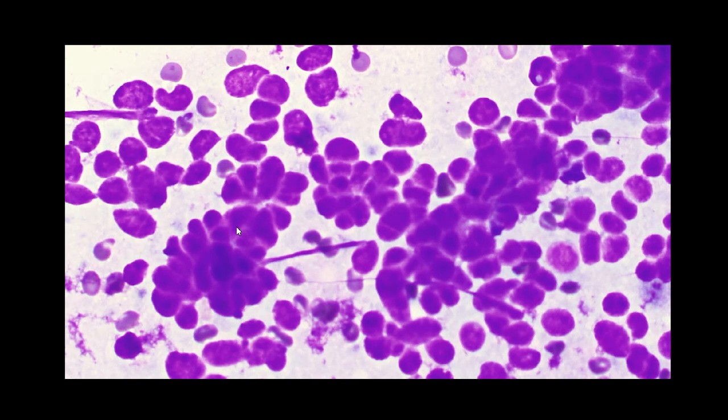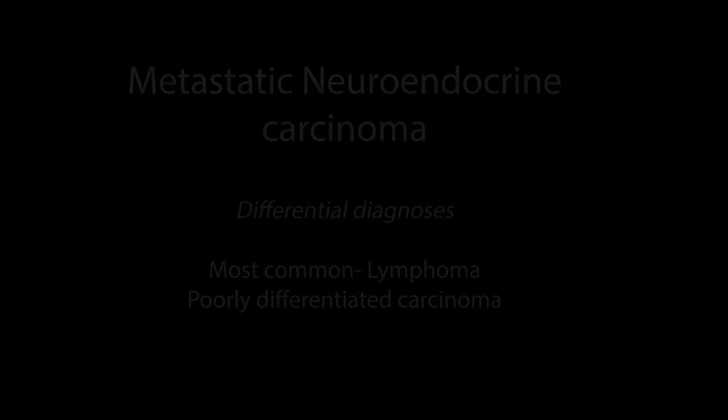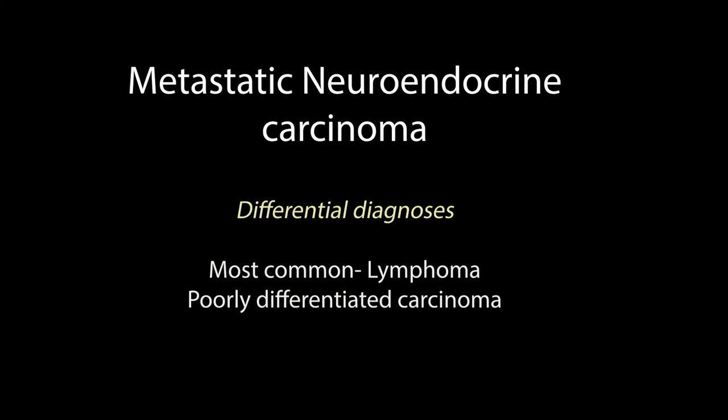You will see that sometimes with lymphomas as well, that are also fragile. So in conclusion, the differential diagnoses that most commonly arise with neuroendocrine carcinoma include lymphomas or lymphoproliferative disorders, and that is a difficult differential sometimes.